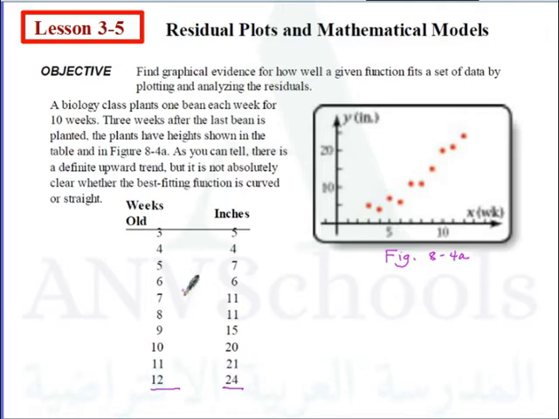So you could see an upward trend for the growth of the beans, right? On this figure, you could see the definite trend. So I'll just clarify, these are the points.